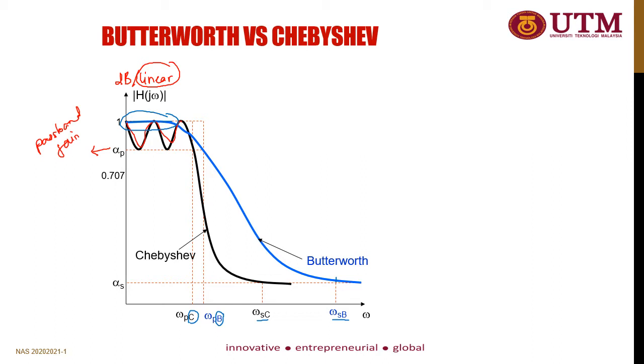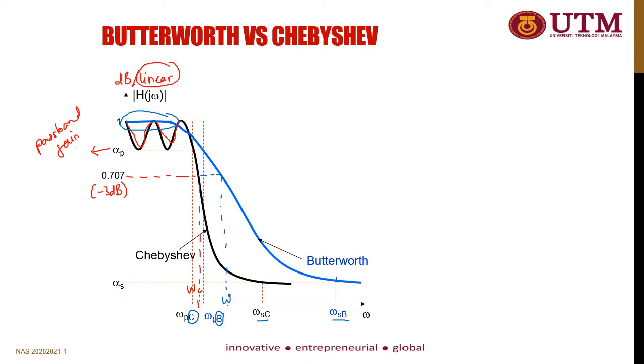In dB or in linear, but usually we will be using the dB values, and 0.707 is equal to minus 3 dB. This is where the cut-off frequency takes place. At 0.707 or minus 3 dB, you can find the cut-off frequency, omega C. The same goes for the Butterworth filter at minus 3 dB, where you will have your cut-off frequency.